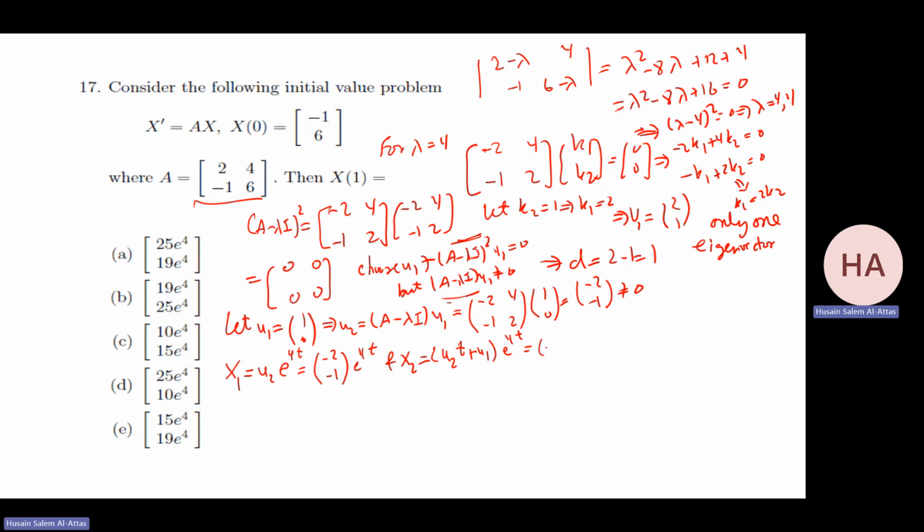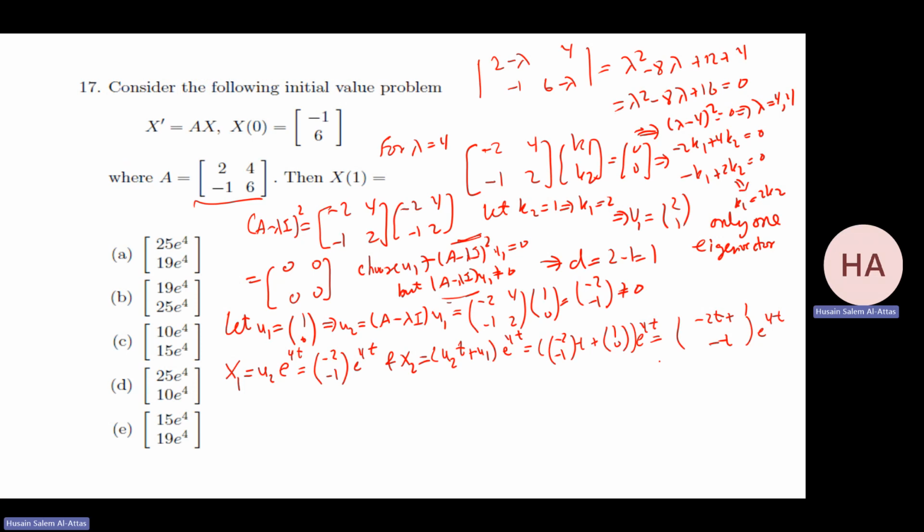And that is (minus 2, minus 1) t plus u1, which is what? (1, 0), e to the power 4t, which is (minus 2t plus 1, minus t) e to the power 4t.